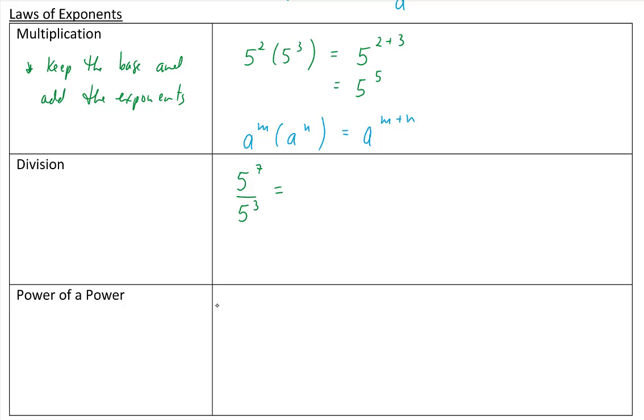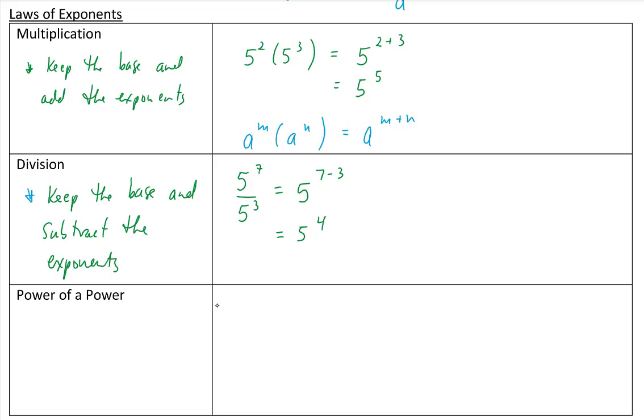Similar to multiplication, we're going to keep the base, and instead of adding the exponents, we subtract the exponents. So in general, if I have a to the m divided by a to the n, that would be the same base, so we keep the base of a, and m minus n, the numerator's exponent minus the denominator's exponent.